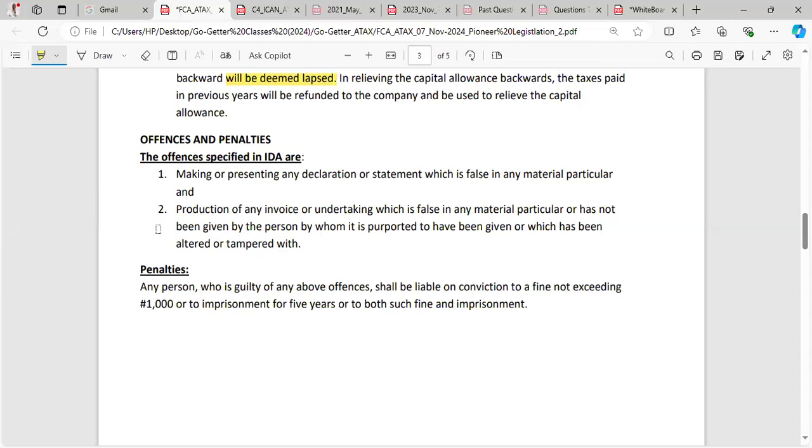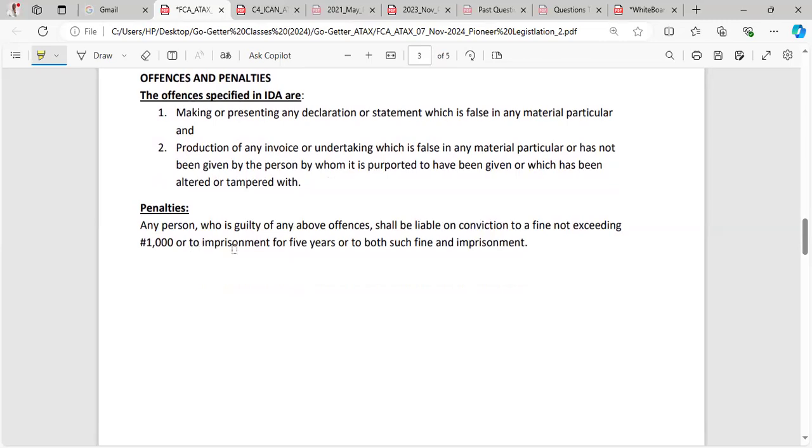The penalty is conviction of 5 years, or you pay a fine, or you go to prison and pay the fine.